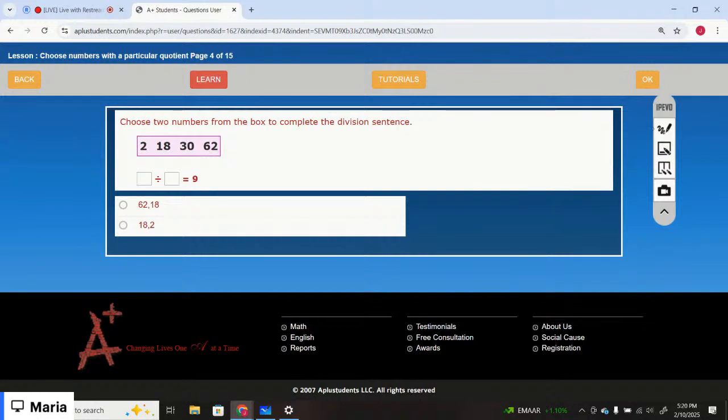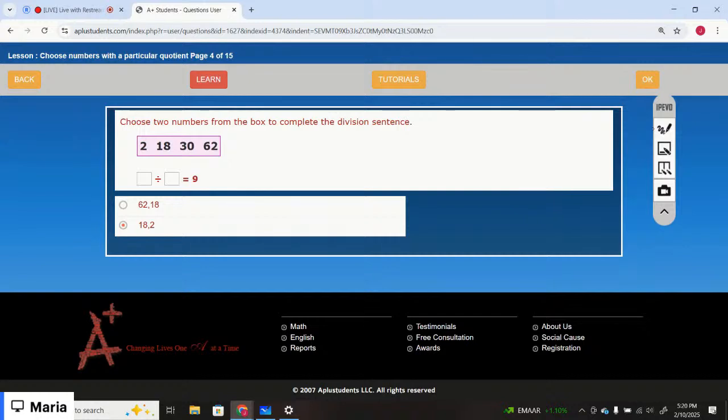Choose two numbers from the box to complete the division sentence. Which two numbers have the quotient 9?